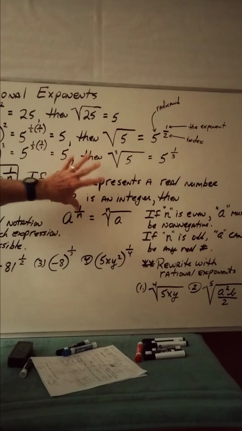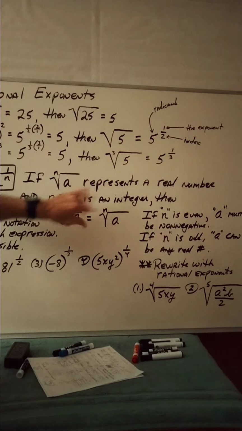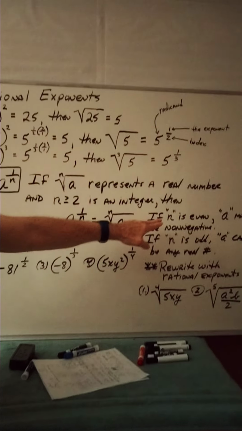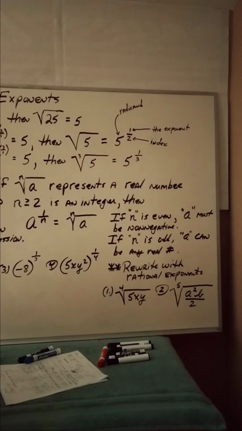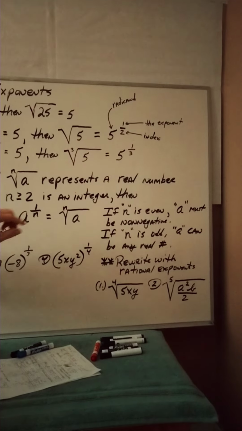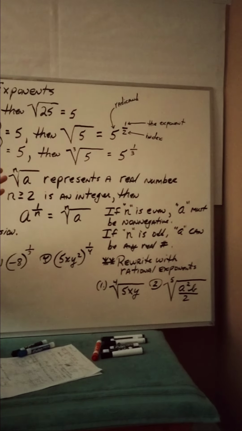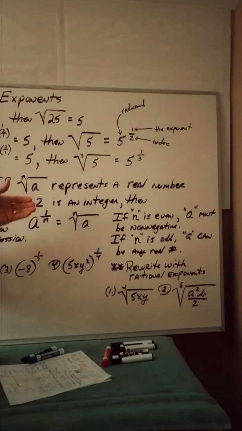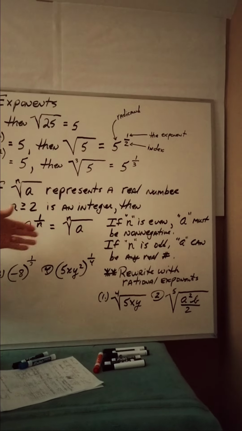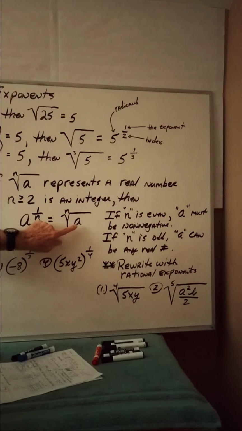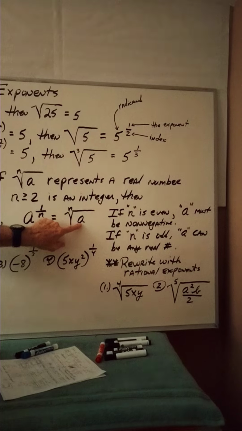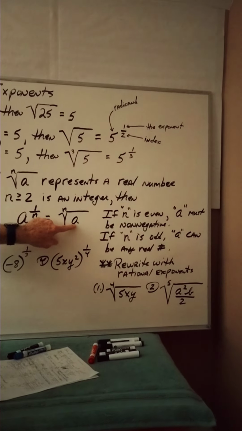Now there's just one little qualification for this statement. If n is even, if the index is 2, 4, 6, 8, 10, the radicand A must be a non-negative number.